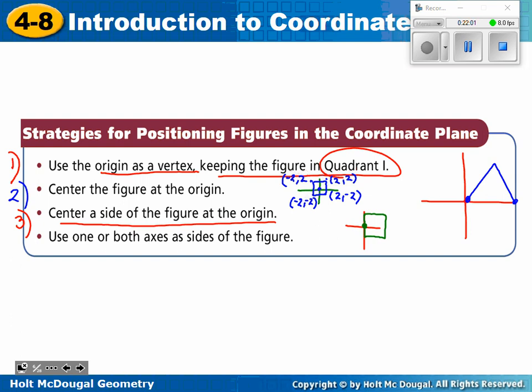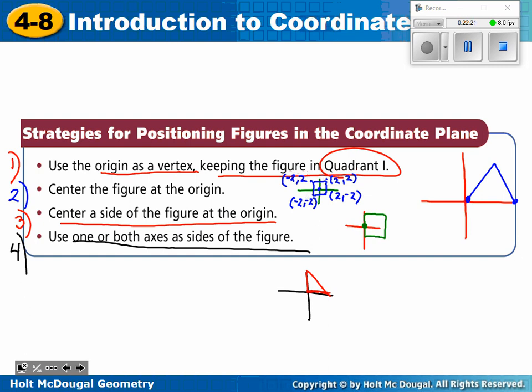And then the last thing that you might want to do, number 4, is use one or both axes as sides of your figure. Now in this one, be careful. If I use both axes as sides of my shape, what does that mean I have to know about my shape?